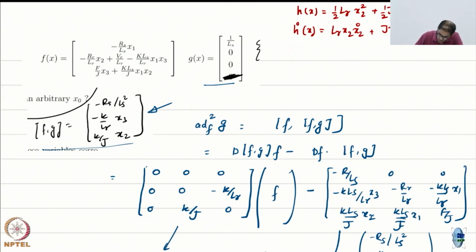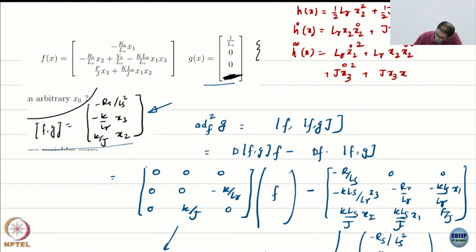But I am going to compute h double dot. This is LR x2 dot squared plus LR x2 double dot plus j x3 dot squared plus j x3 double dot. Just product rule used. I don't want to write this mess, so I am avoiding writing it.